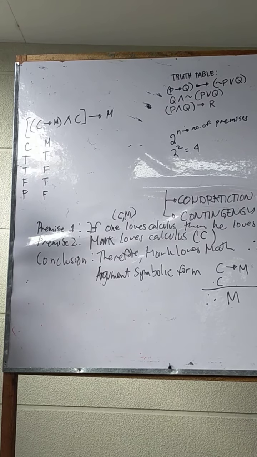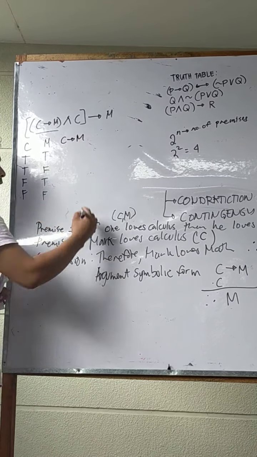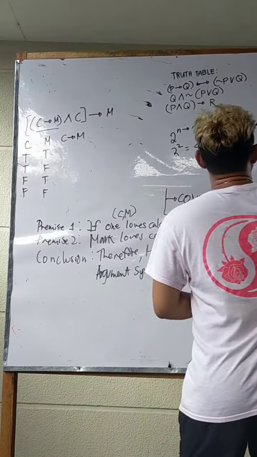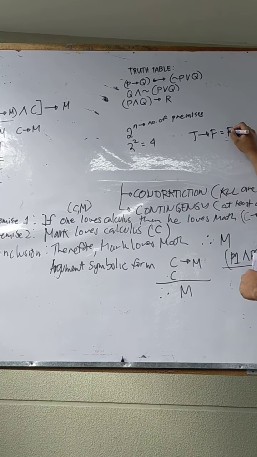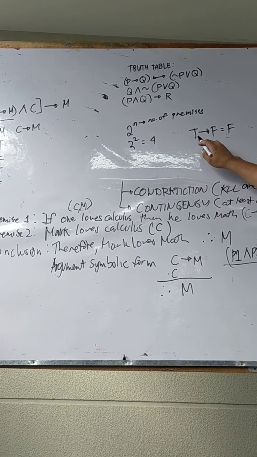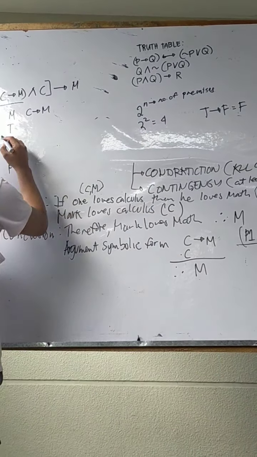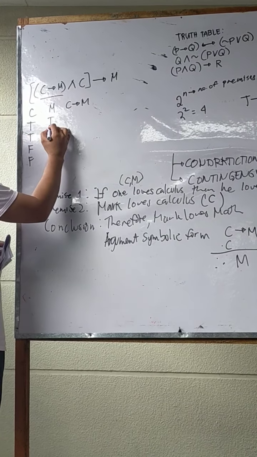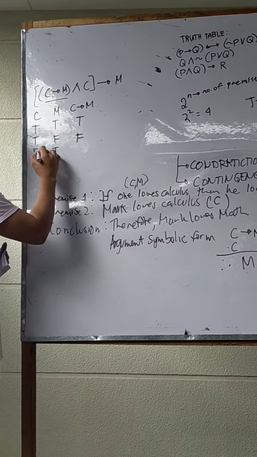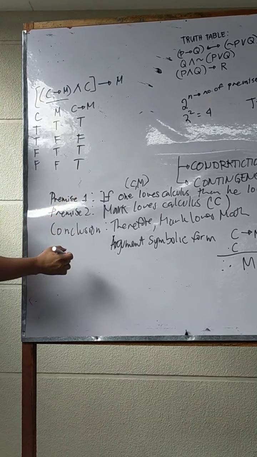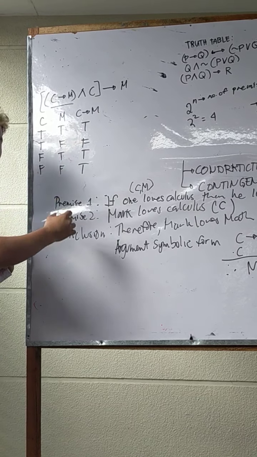We have 4 items. Next, we need C implies M. In our clue for if-then, T implies F is equal to false, and the rest is true. Therefore, T T is true, T F is false, F T is true, F F is true.